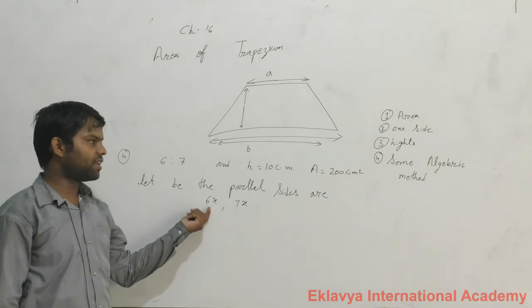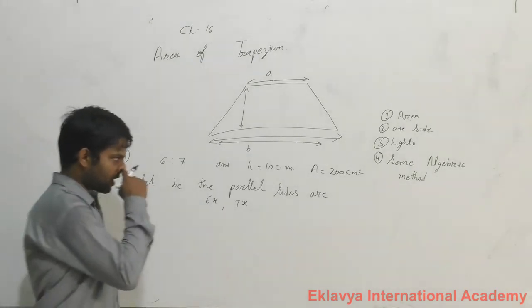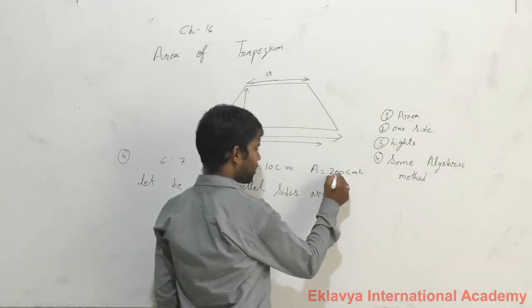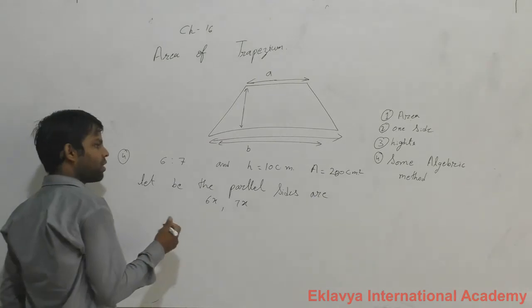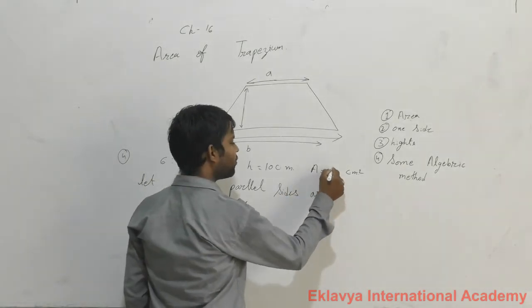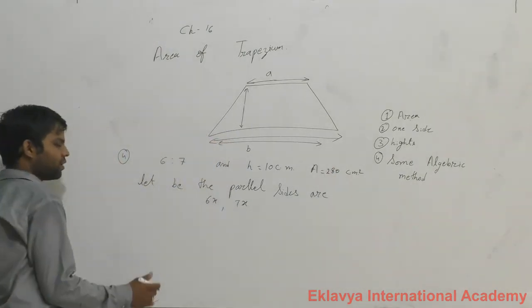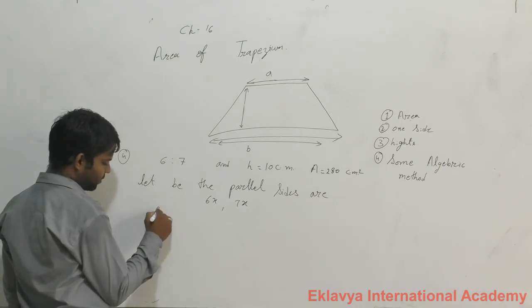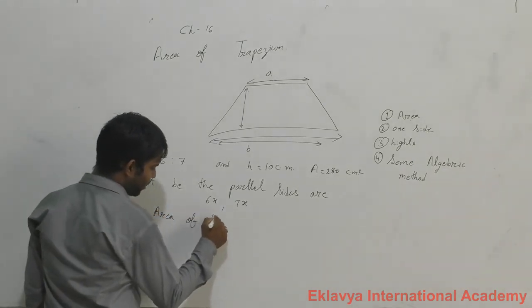First parallel side is 6x, second parallel side is 7x. Here we will change the value of area. Let me assume it is given 280 centimeter square. Its calculation is easy.